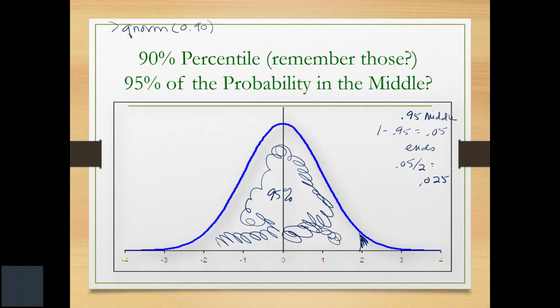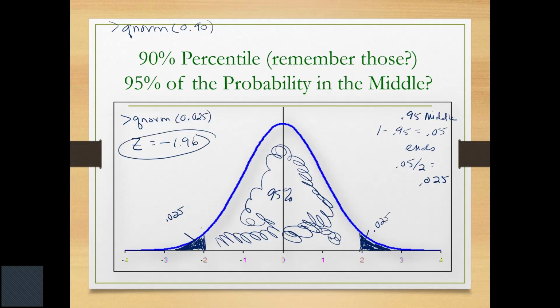I'm just going to draw that somewhere close to 2, although we know it's not exactly 2. So this area here is 0.025, and this area down here, in very dark shading, is also 0.025. And now we can do qnorm(0.025), and what we get is a z-score equal to minus 1.96.